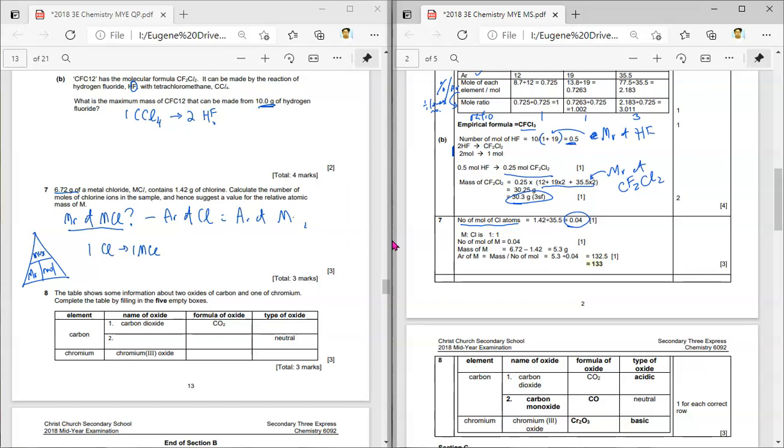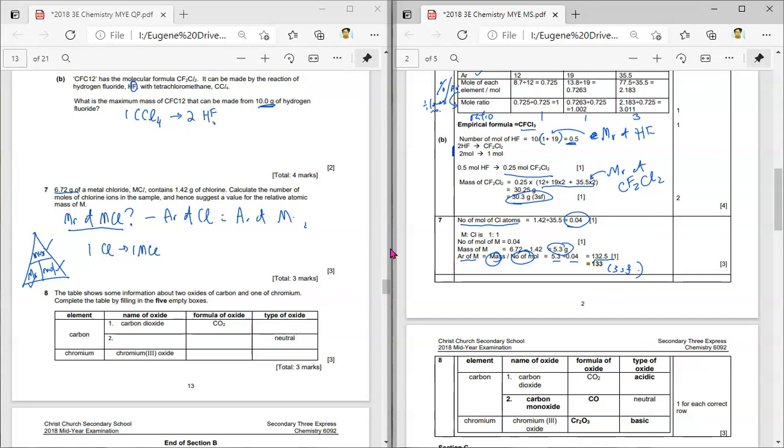Because 6.72 of metal chloride contains 1.42 of chlorine, if I subtract, I get 5.3 grams, which is the mass of M. So when I have the mass of M and the mole of M, I can find the AR of M. I take the mass divided by moles, so 5.3 divided by 0.04, I get 132.5. I'll round the answer to 133 because of 3 SF.